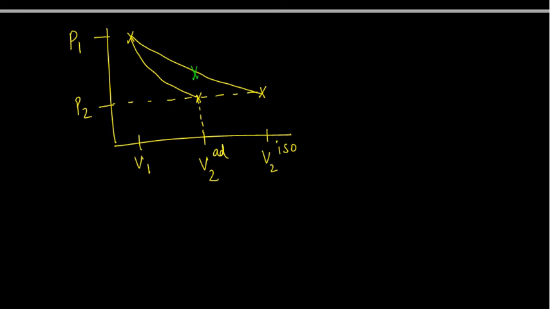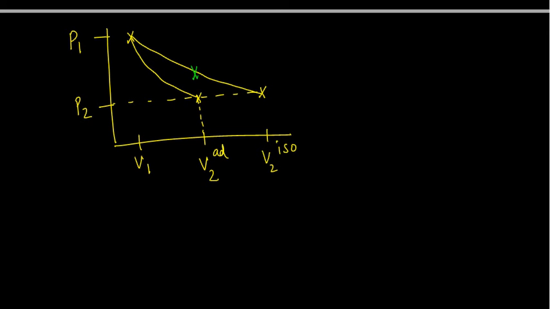And then what do I get out of it? At a much lower pressure. What happened over here in the isothermal phase?